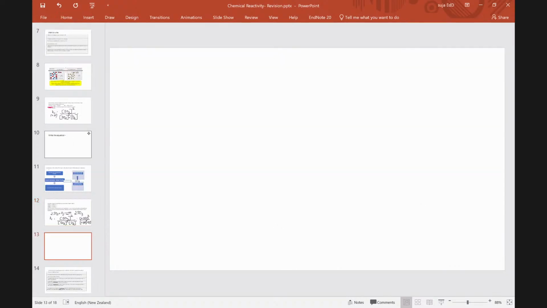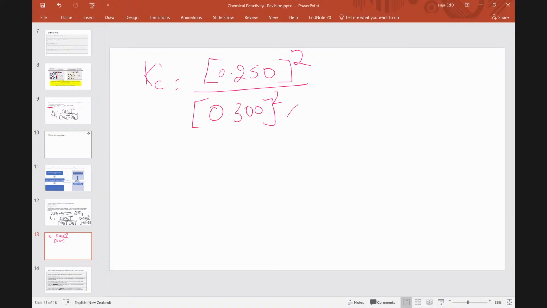Now, on my calculator, my Kc equation would be here. I have shown you it is 0.25 to the power of 2 divided by 0.300 to the power of 2 times 0.100.